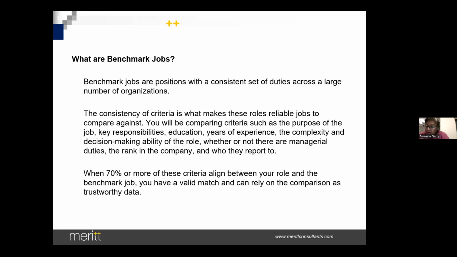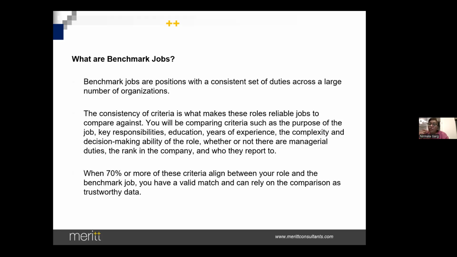Those jobs which are similar, as rightly put by Priti, equivalent, with role, responsibility, descriptions, everything almost similar to those jobs in your organization.